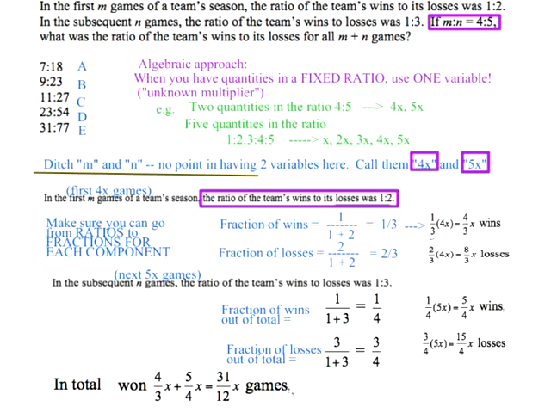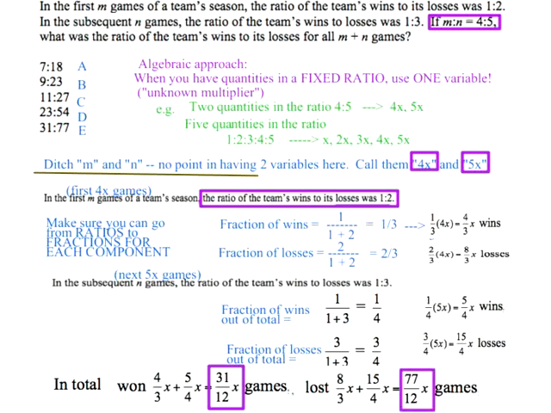You just do that with the fractions. And then if you add up the losses, you get that. So you can probably tell that we're looking at a ratio of 31 to 77. If you have to put these over each other and cancel things, then you should do that. But it's 31x over 12 and 77x over 12. So that's a ratio of 31 to 77.